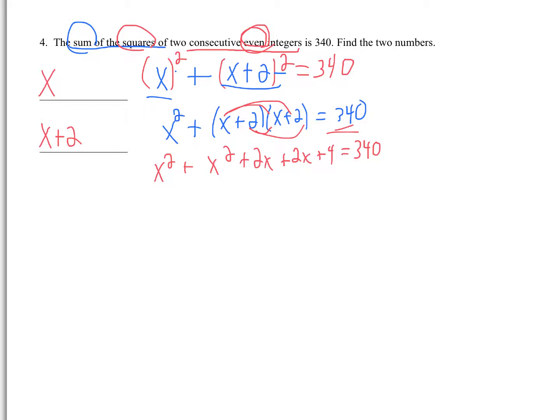Alright, let's combine our like terms. We get 2x squared plus 4x plus 4 equals 340. Now for the fun, I have to subtract the 340.